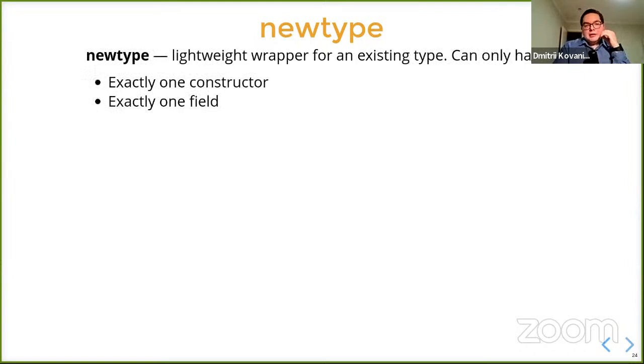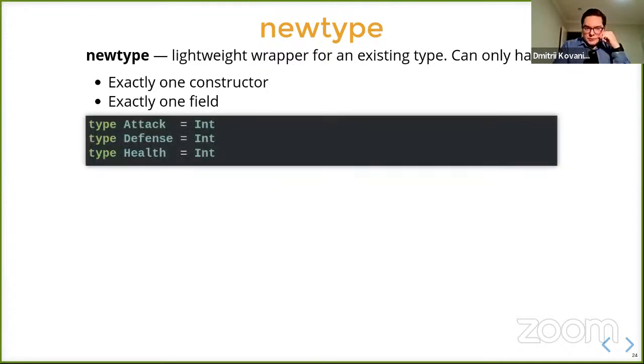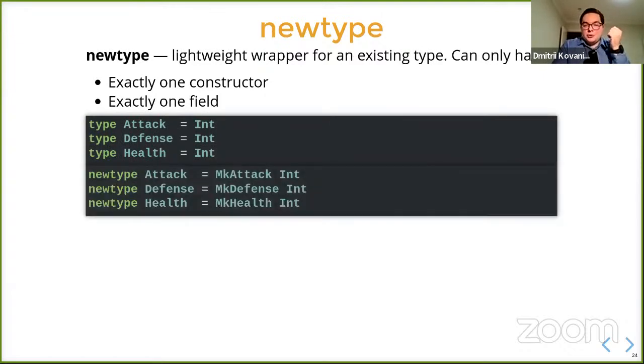So newtype is for creating new types, obviously, as the name suggests. And you can define a data type as a newtype if it has exactly one constructor with exactly one field. So instead of defining our 3 types as type aliases, we can define them as newtypes. So newtype is like data.